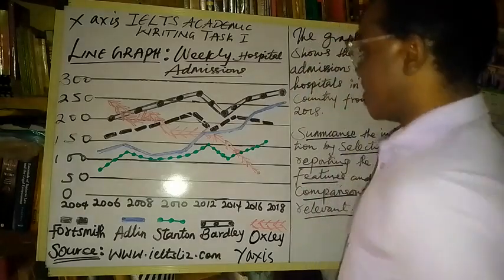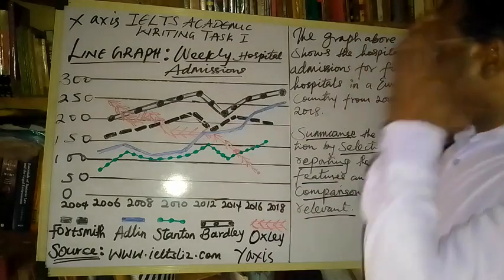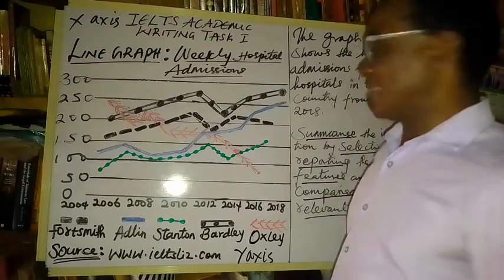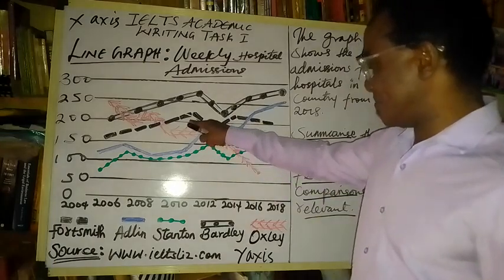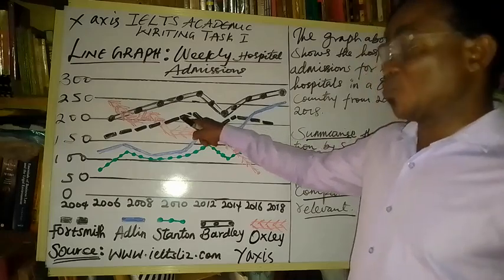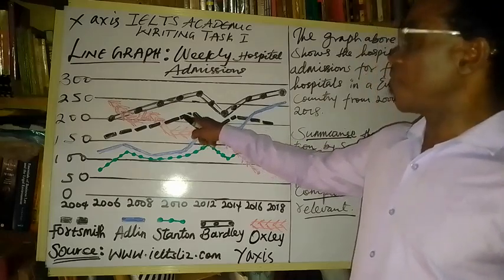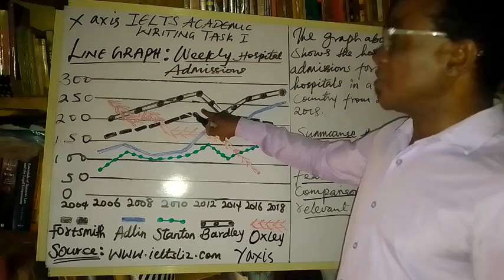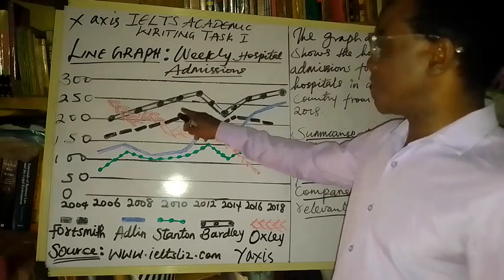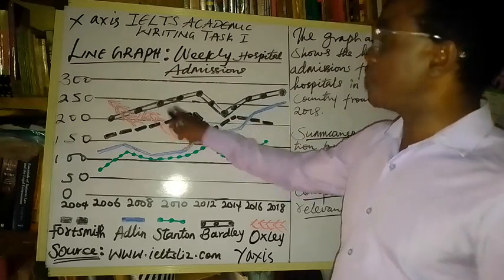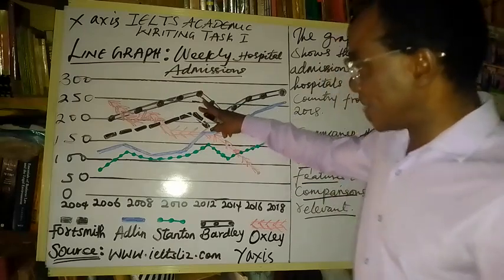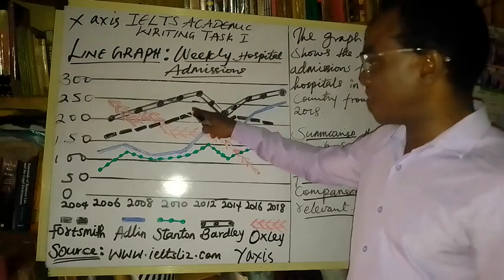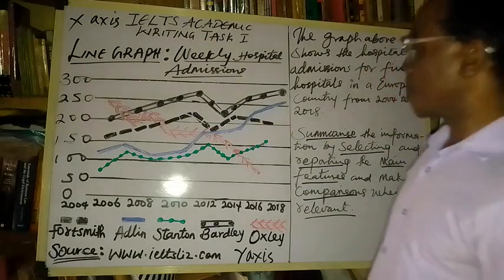And then after Badley Hospital, the next highest admission occurred in Fort Smith Hospital with a record admission put at around 250, that put around 225, around 225, that is at this point.